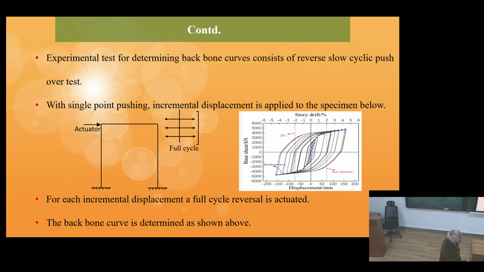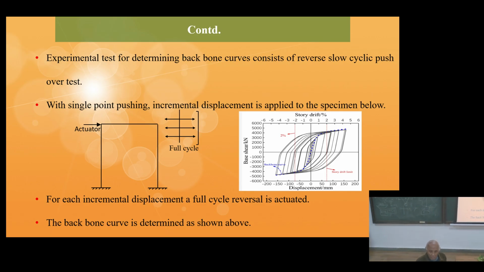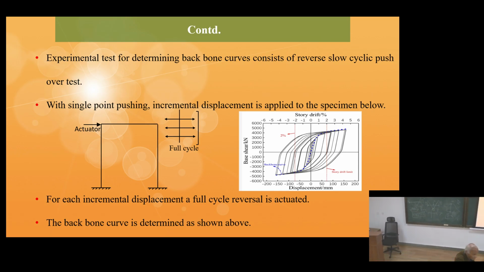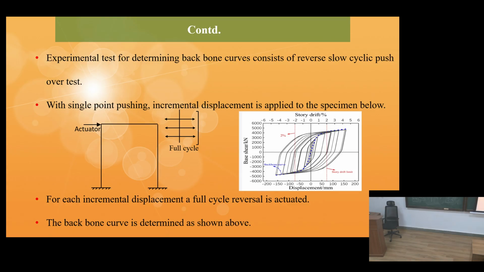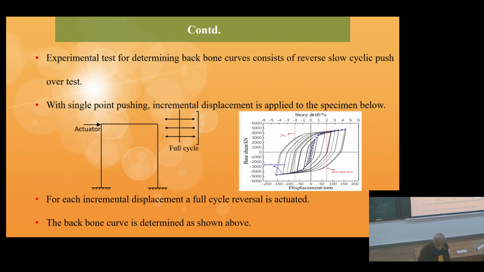That means with increments, the hysteresis loops are becoming bigger and bigger. This hysteresis loop is because I am going a full cycle and the entire system has gone to the inelastic state. And the moment it comes back, it does not follow the same path. Okay, that's why this is hysteretic.